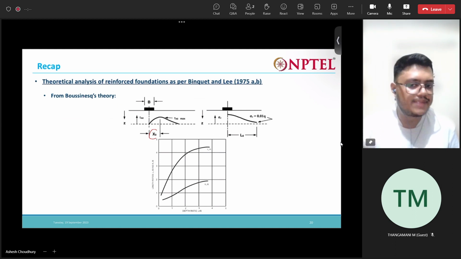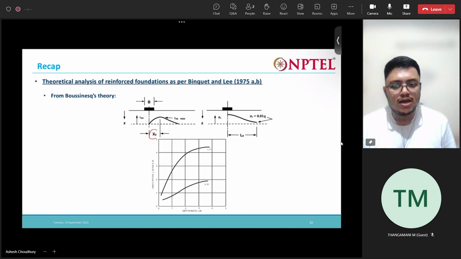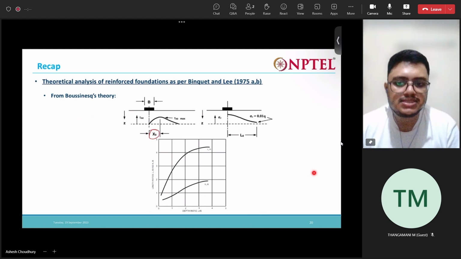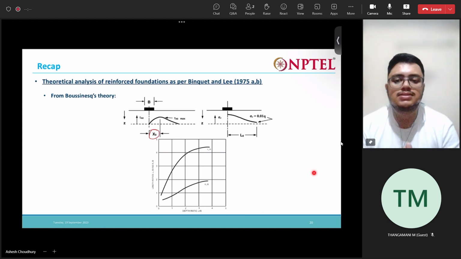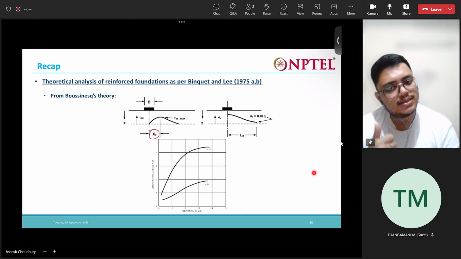I already described that in the previous slide. It is a very important term, and we will be using it. x naught is the distance from the center line at any level where the shear stresses are maximum.